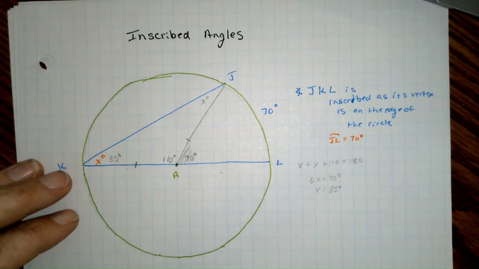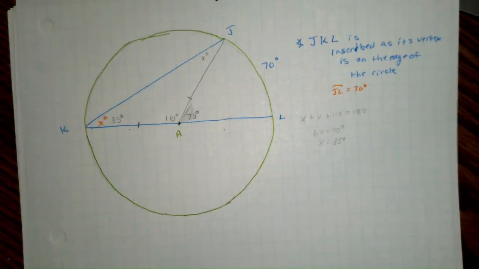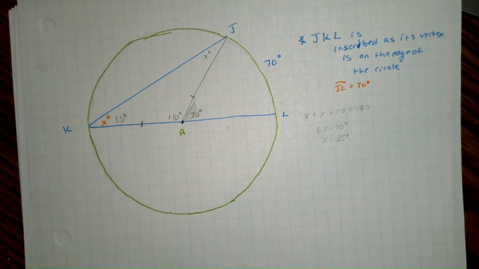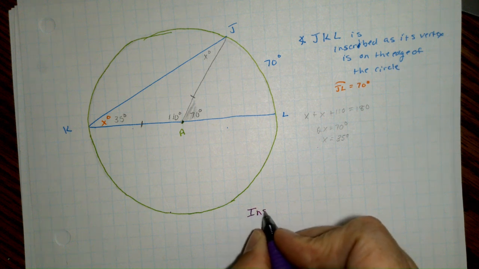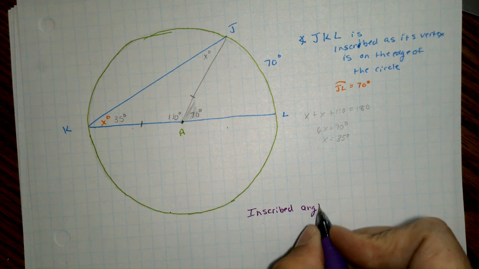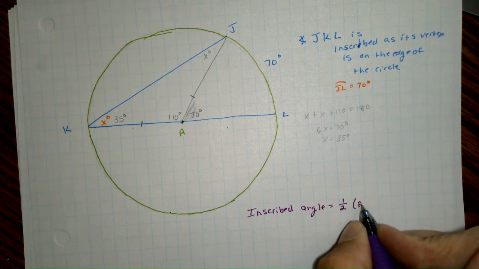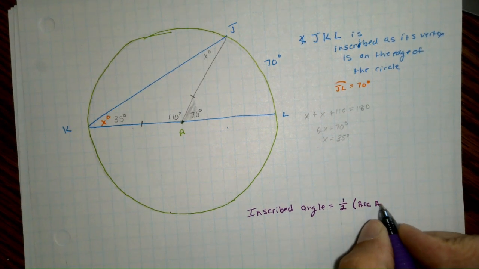Actually, yes, it does. So what we know is that an inscribed angle equals half the arc length, or the arc angle.